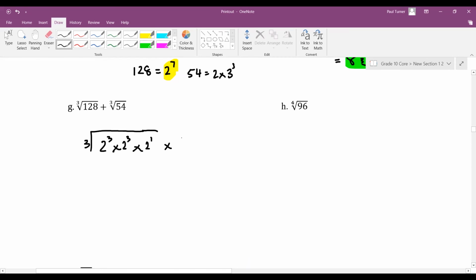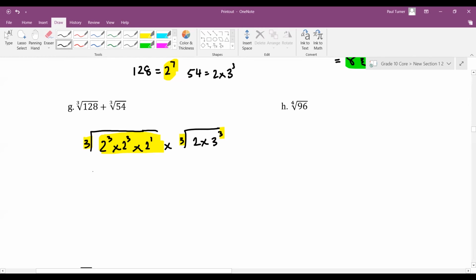We can leave it like that. So cube root of 2 times 3 cubed. So just be aware of what I've done there. I've changed my 2 power 7 and I broke it down to have power 3. So I know that will cancel with this cube root. And the same here, this one's already okay.